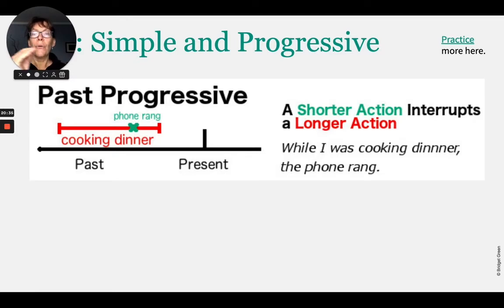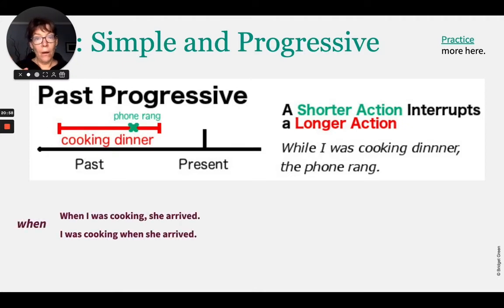Right. Here's another way to show this. A shorter action interrupts the longer action. So the longer action is here and it's interrupted. While I was cooking dinner, the phone rang. Notice while. You could say, when I was cooking dinner, the phone rang, or while I was cooking dinner, the phone rang. Both are okay. Here, when could be either when I was cooking dinner, she arrived, or I was cooking dinner when she arrived. When can go at the beginning of the progressive or at the beginning of the simple tense.